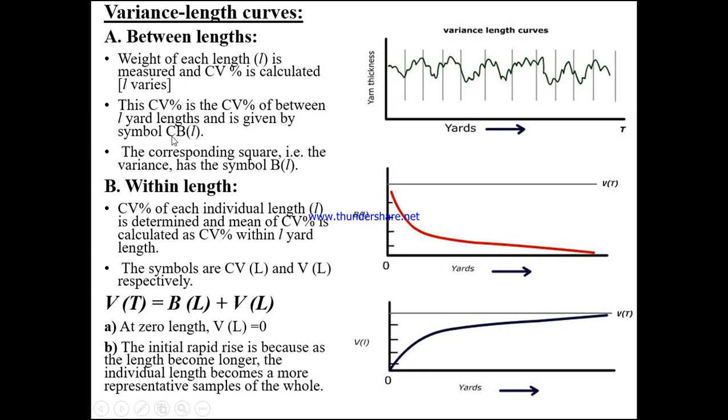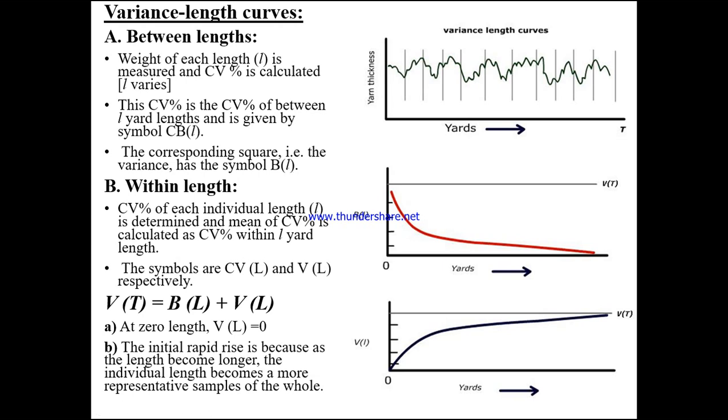When we express CBL, it means the coefficient of mass variation between the length, and when it is expressed as BL, it is the variance of mass variation of individual l length.